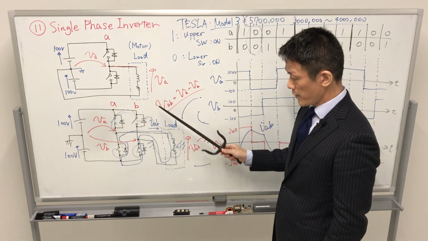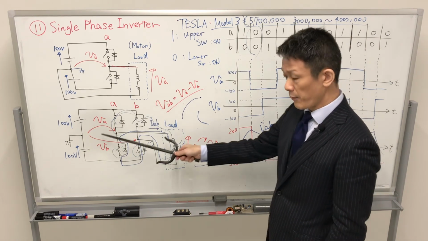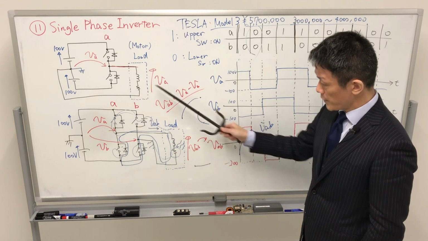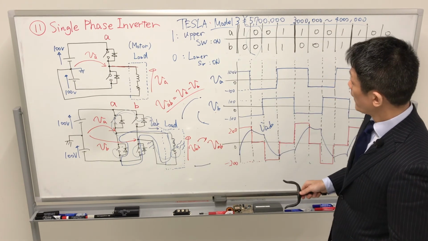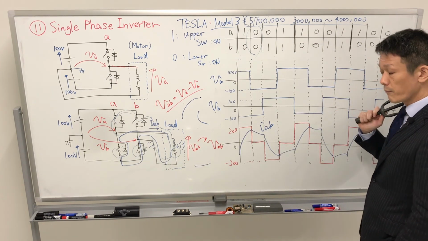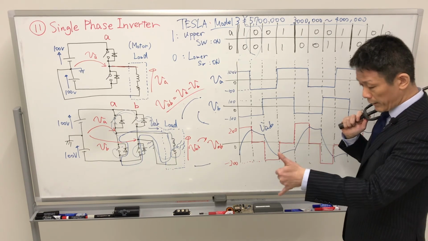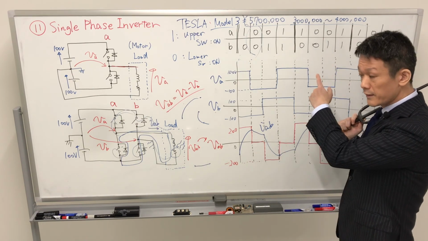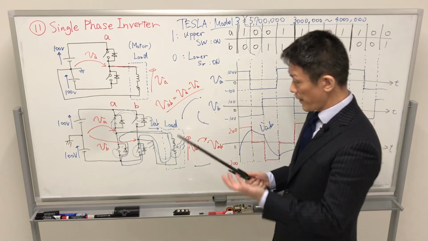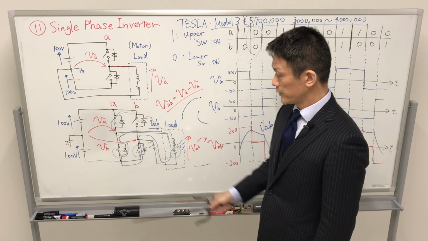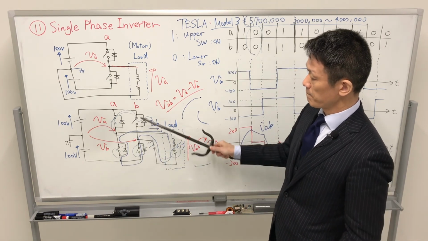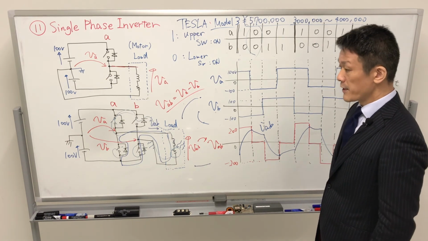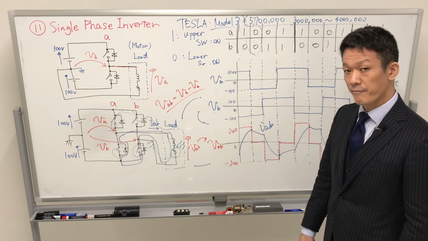We can use the battery voltage effectively. So we will use this one because the expensive battery value is very important because of that cost. So we must use this value effectively. So we will use this type of inverter. That is the single-phase inverter's essence. Okay?